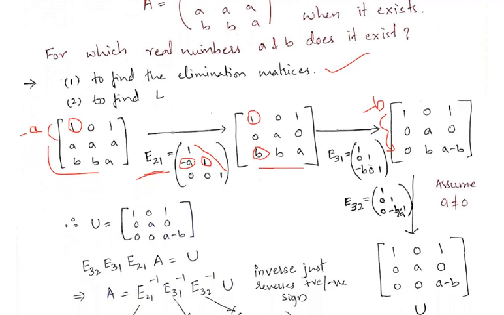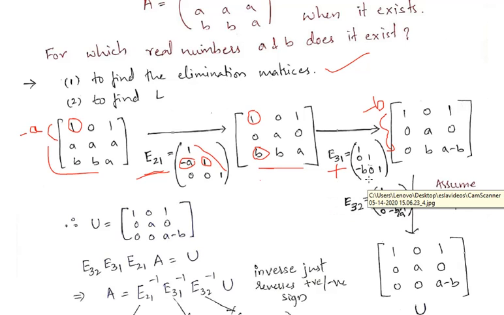You have done the operation, so parallelly we need to remember the elimination matrix also. It is E31. I am performing the operation on the third row for the first element.